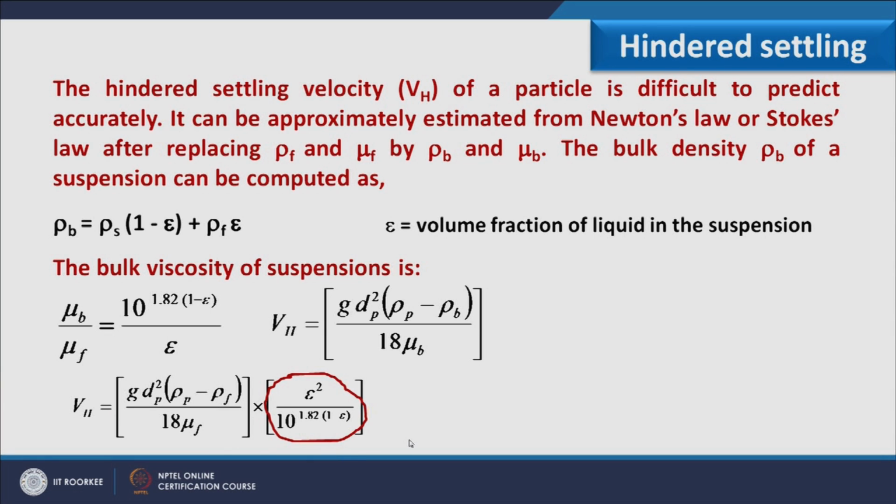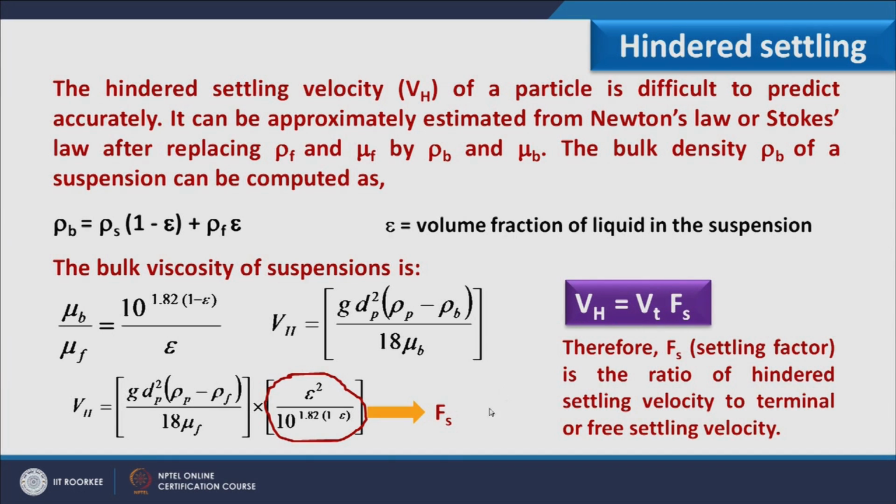This additional term is basically represented as Fs. So hindered settling velocity would be terminal settling velocity into Fs. Fs is the settling factor, which is the ratio of hindered settling velocity to terminal or free settling velocity. So in this way we can calculate hindered settling velocity.